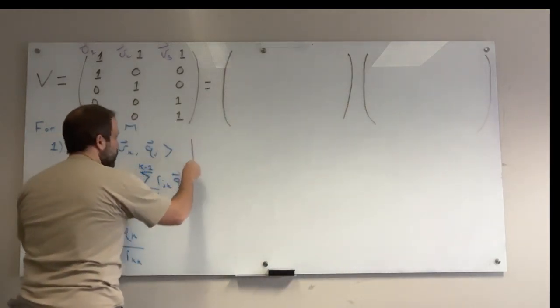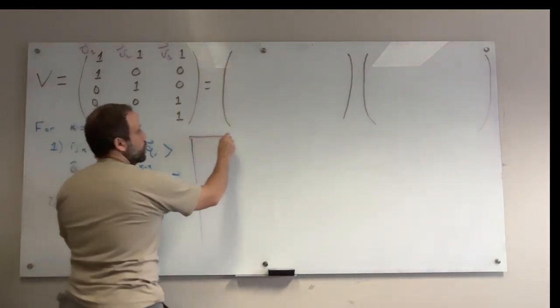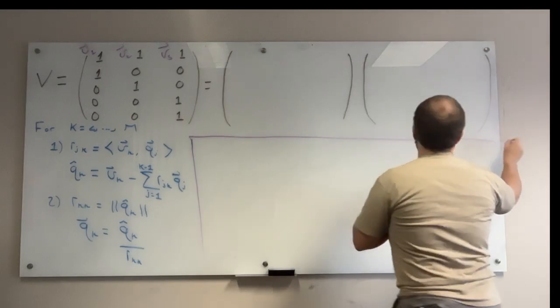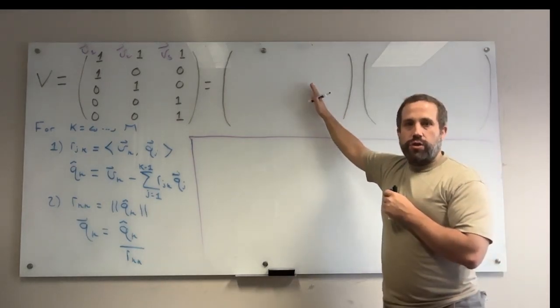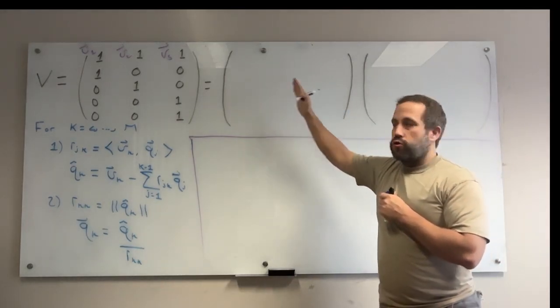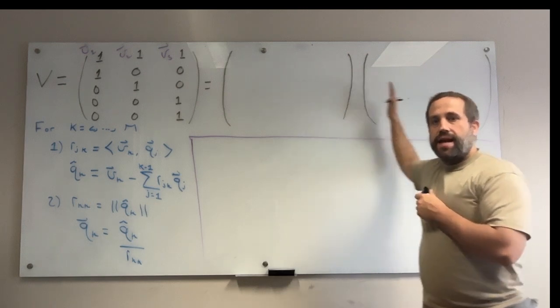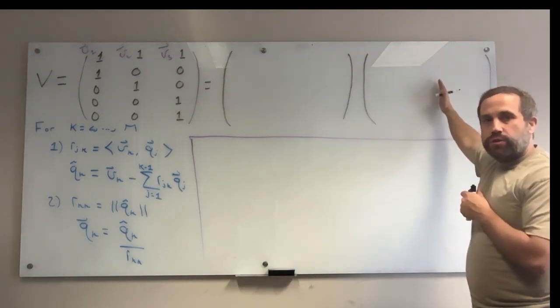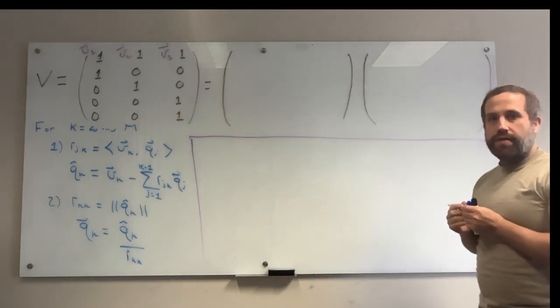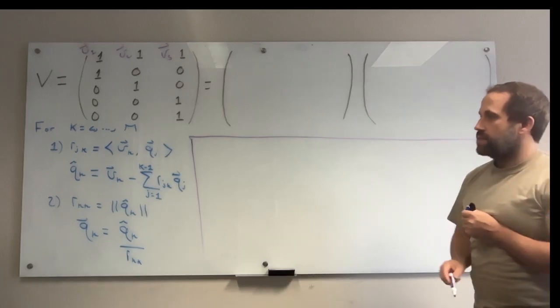So I'm going to do my work over here. And then this will be the Q matrix, which will record the orthonormal basis vectors we get from that. And this will be the R matrix, which will encode the inner products as I have listed them here.